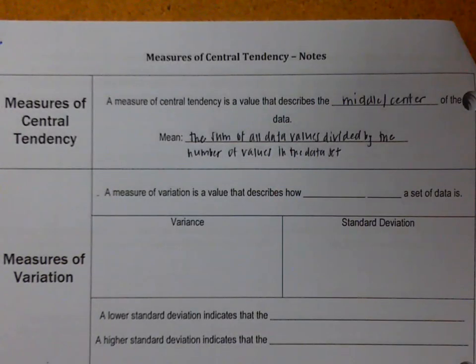The mean is typically our best representation of the data, and that's typically what we want to look at when we're analyzing a data set. The only time the mean is not the best representation is when there's an outlier.